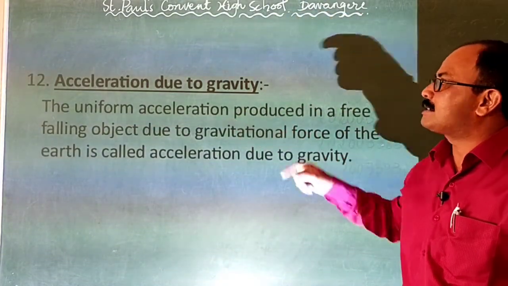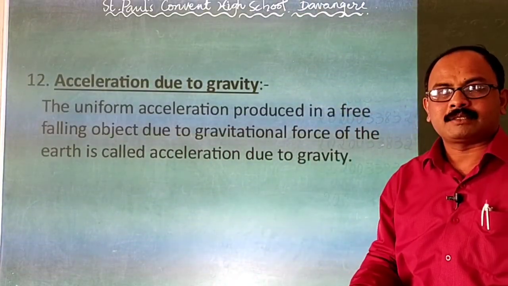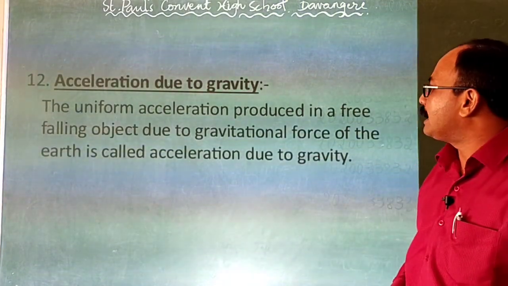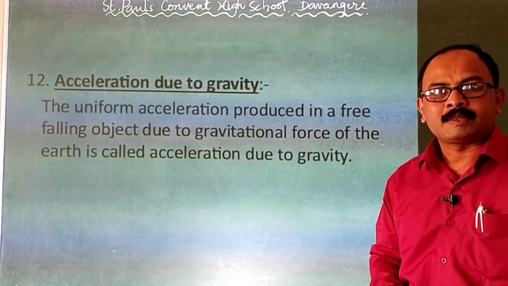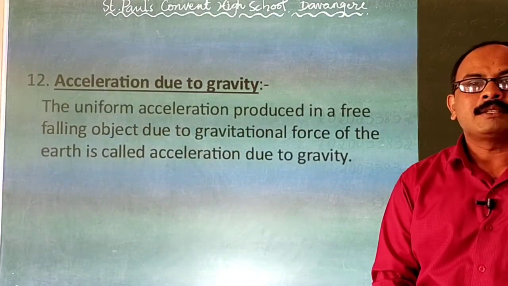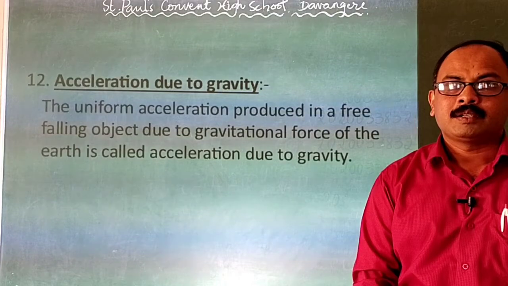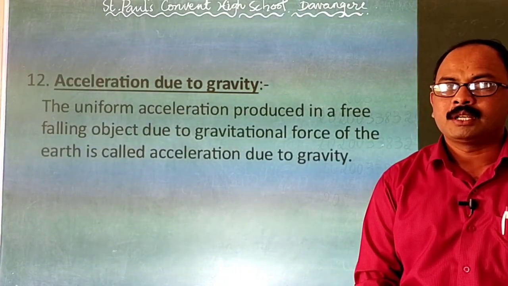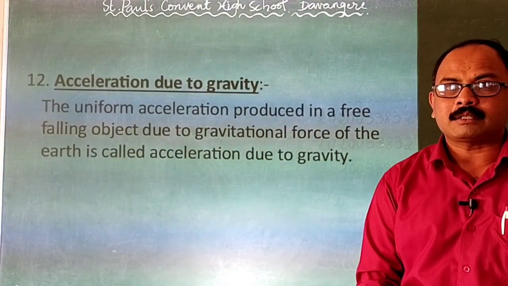The uniform acceleration produced in a free-falling object due to gravitational force of the earth is called as acceleration due to gravity. This acceleration due to gravity, children, is represented by small g. You should not be confused with capital G and small g. Capital G is universal gravitational constant.